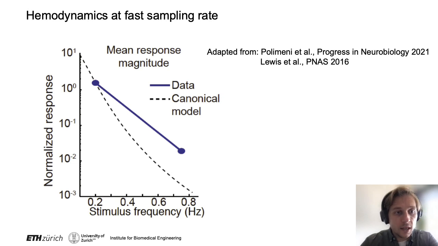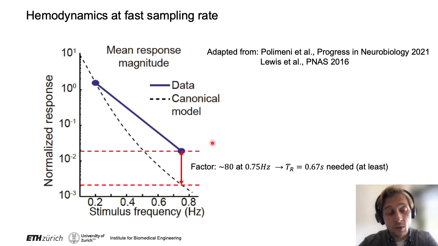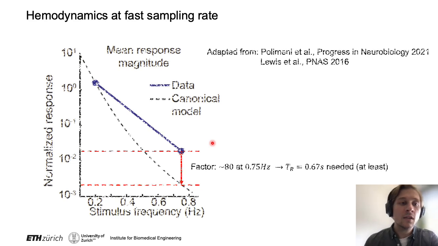What you can see is that at low frequencies, this magnitude is well predicted by the canonical HRF. However, if we go to higher frequencies, we see that there's basically a factor of roughly 80 missing at 0.75 Hertz. And what you can then directly calculate is that to recover such an effect, you would need a TR of 0.67 seconds at least, according to the Nyquist sampling theorem.